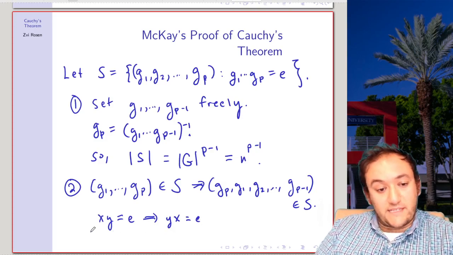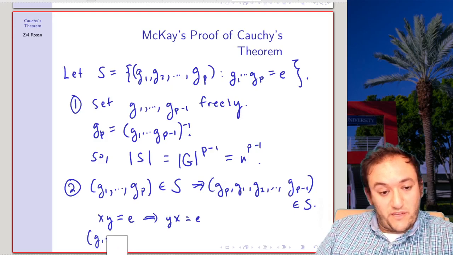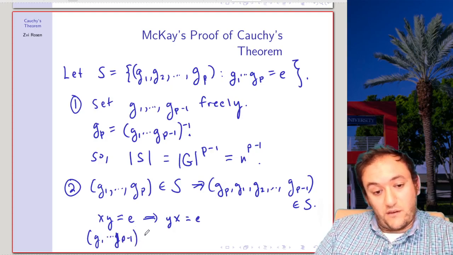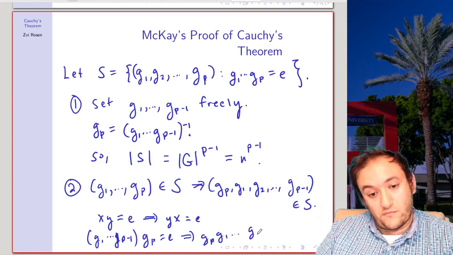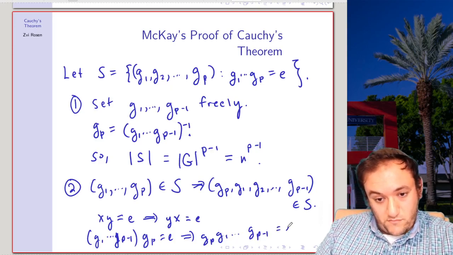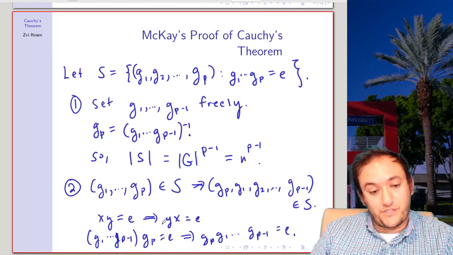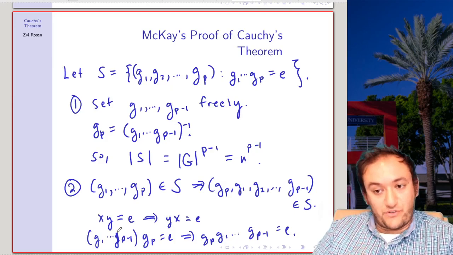And here our x is g1 through gp minus 1, and our y is gp. Okay, so we're not relying on the abelian property here. We're just using a cyclic shift, and that actually preserves the product.